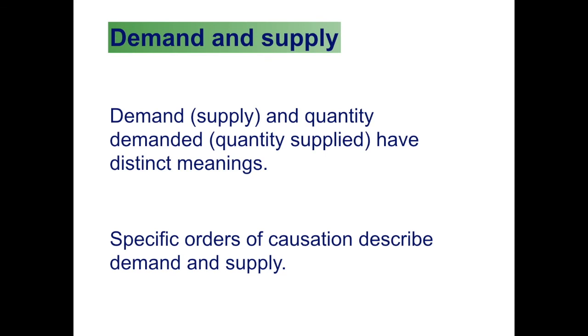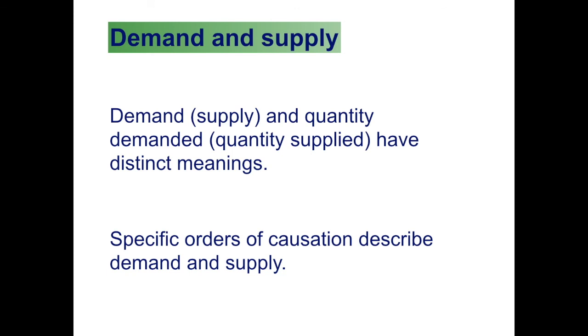So what did we review today? We learned that demand and quantity demanded are different things. Demand is the entire relationship between price and quantity demanded, just as supply is the relationship between price and quantity supplied.